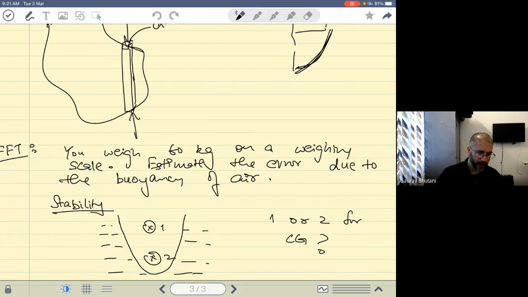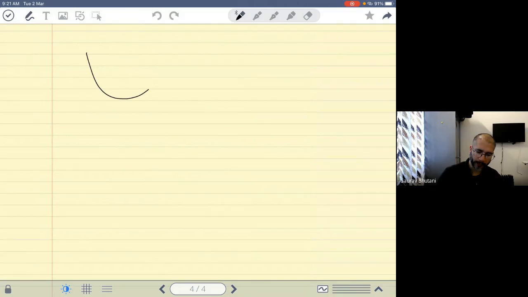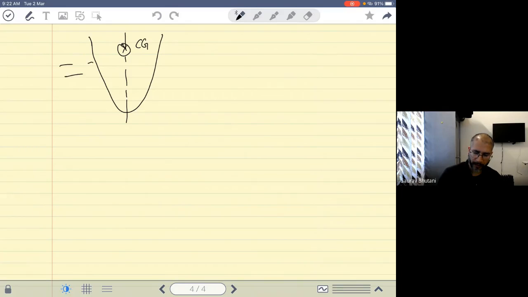Okay, so let's analyze. So if you have, let us say, the ship as being top heavy. So let's say the center of gravity is here. Now, there's a net pressure acting on the floating part of the ship.